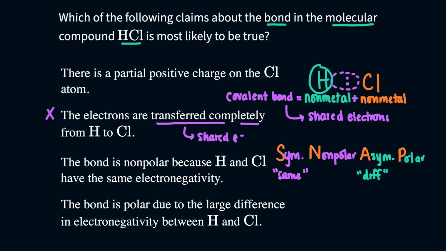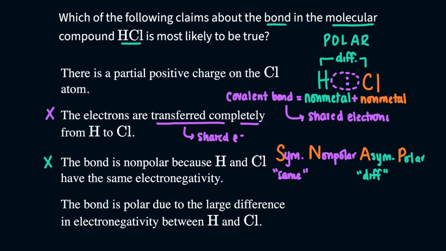So, I see hydrogen and I see chlorine. These are different elements. So, by our SNAP, would this be polar or would this be nonpolar? Yeah, this is a polar bond. So, we can get rid of this one, because the bond would not be nonpolar, it would be polar.